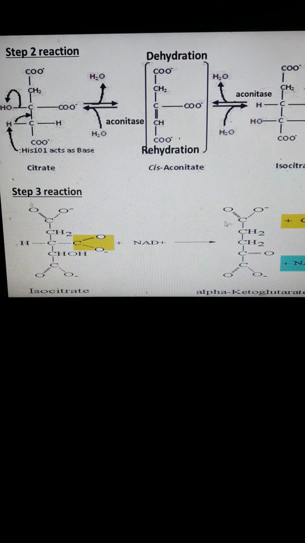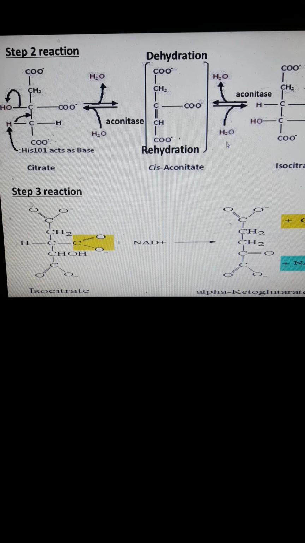Okay, next. So step number 2, let us try to structure it, we have citrate. Okay, so there is what we call dehydration. So it will form cis-aconitate. This is known to be the intermediate product. Okay, removal of water.